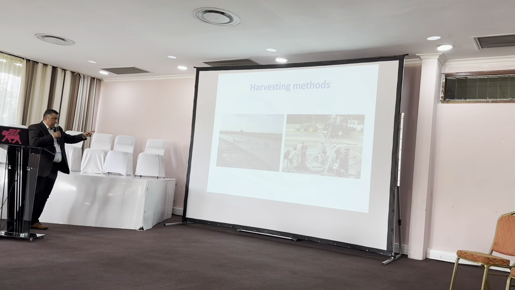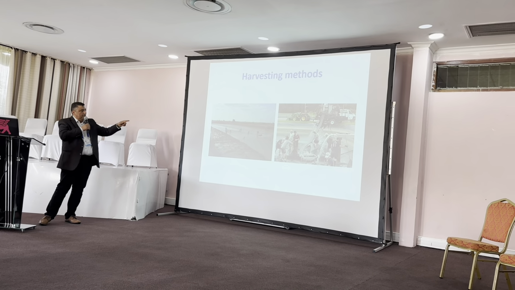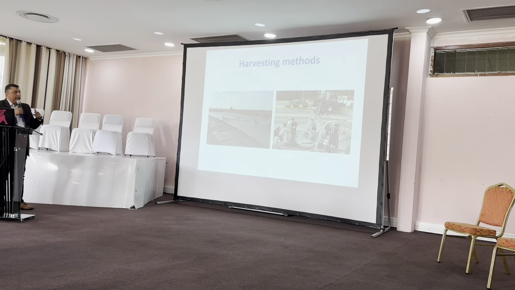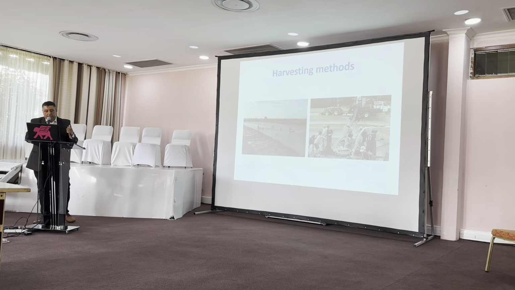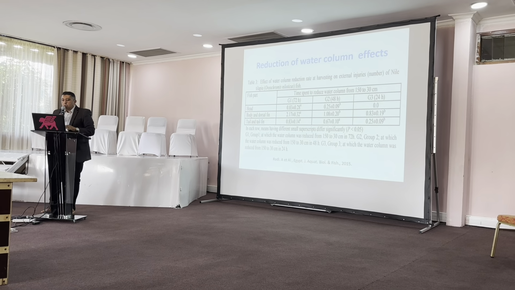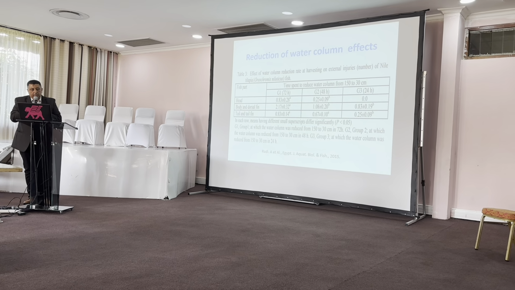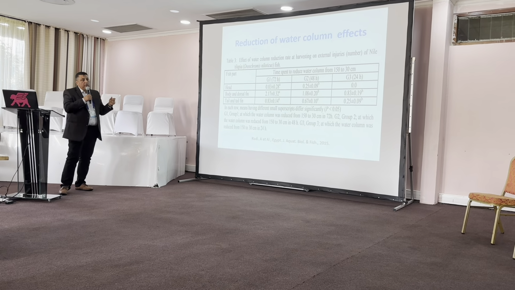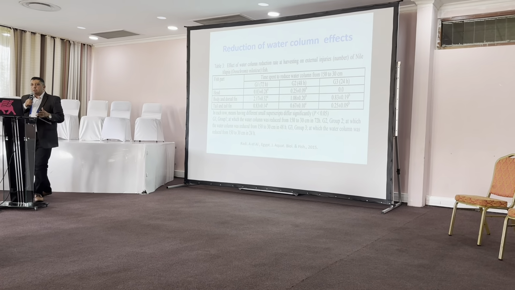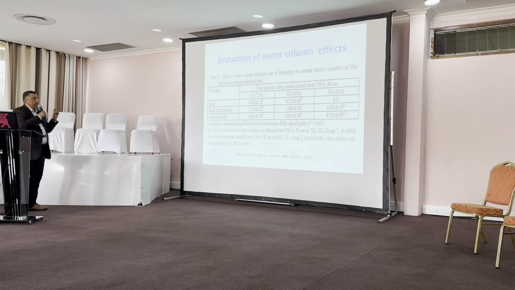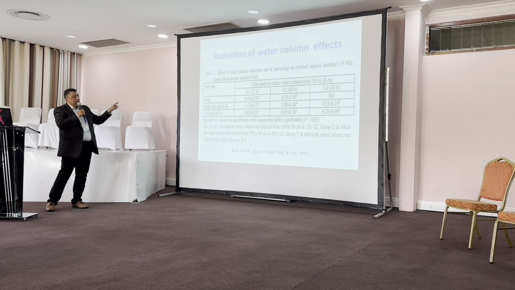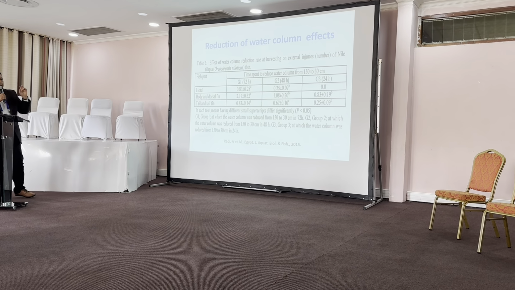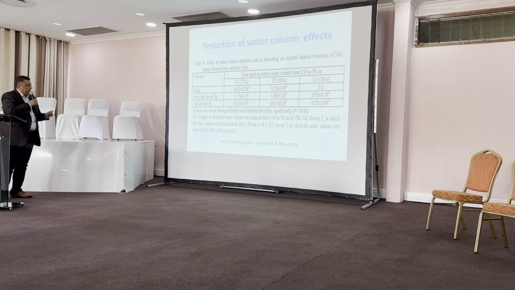New machines, this machine is not found in Egypt, but we hope it will be, because it will minimize the stress on fish and make harvesting a very quick and rapid process. Also, in a study of the rate of reduction of water while harvesting fish, we found the rapid reduction of water will minimize the stress and the injuries that can happen to fish while harvesting. The more rapidly you drain the water, the less stress to the fish.